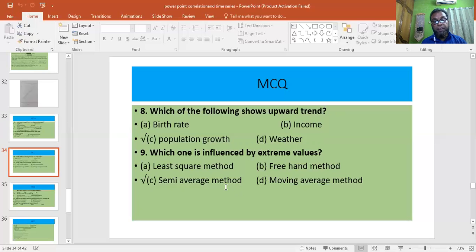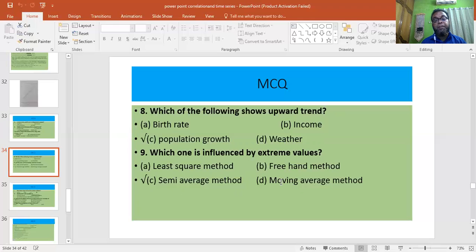So semi-average method is influenced by extreme values. Moving average method is average by moving. First you find the average of 3, or 4, then leave 1, take the another one, and leave 1, take the another one.